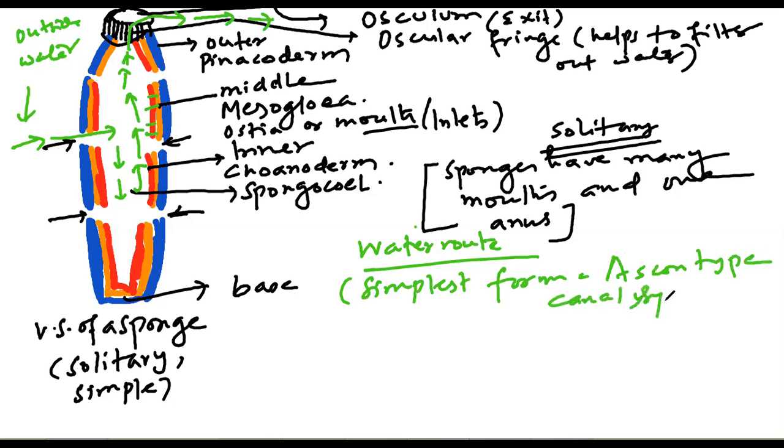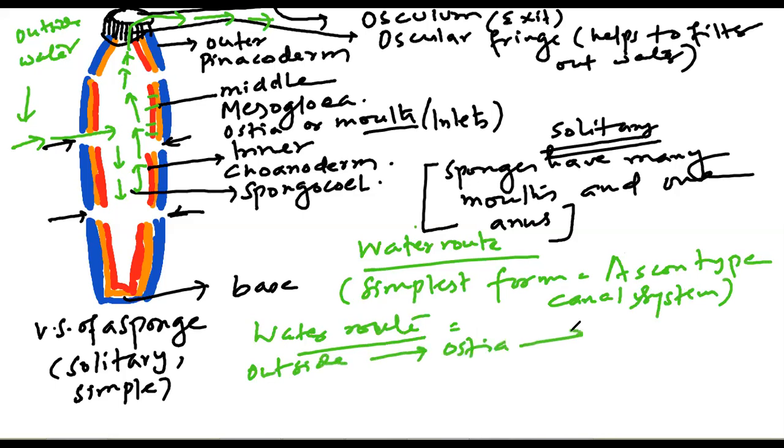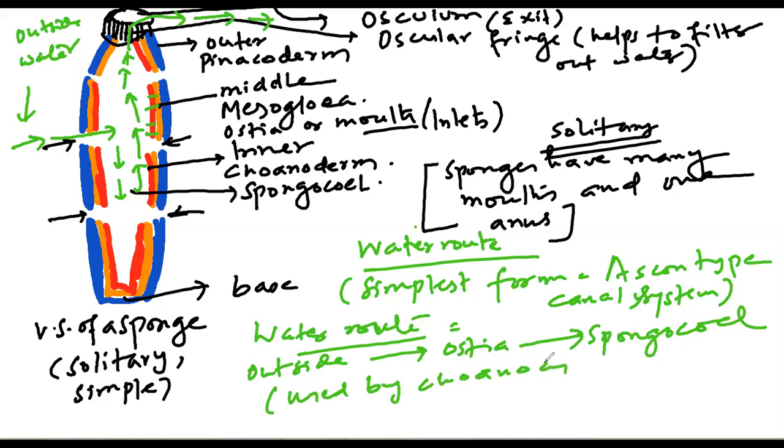Ascon type canal system. So the water route is outside, Ostia, okay, outside Ostia, spongocoel, bracket you say, used by choanocytes, then it will go to osculum and then back to outside.